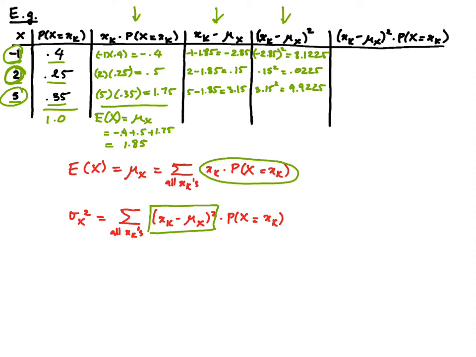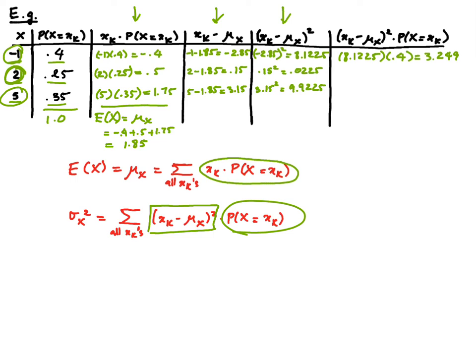And so what we need to do now is multiply each of those numbers by the corresponding probabilities. In this last column, you multiply each of the numbers that you just computed by the probability that x is equal to xk. So here we do 8.1225 times 0.4, which gives you 3.249.